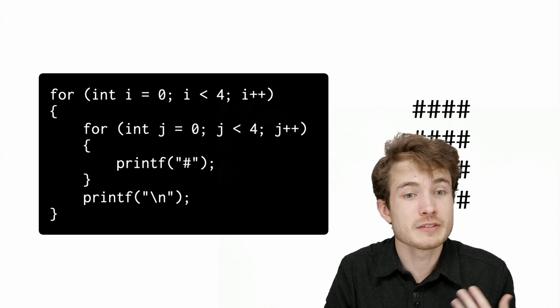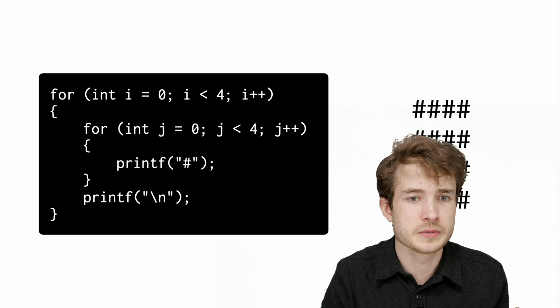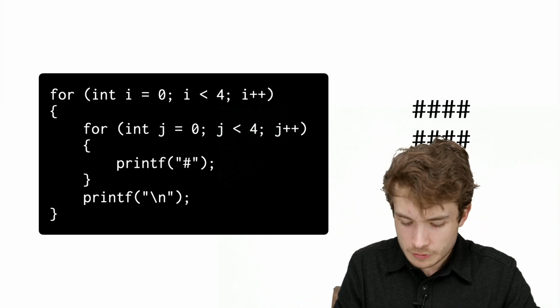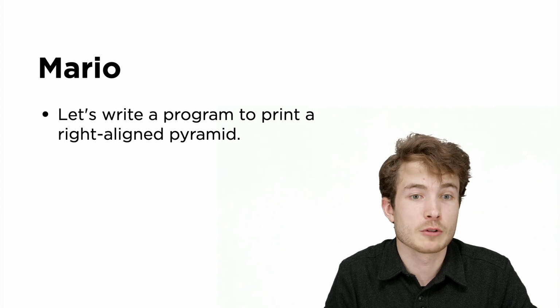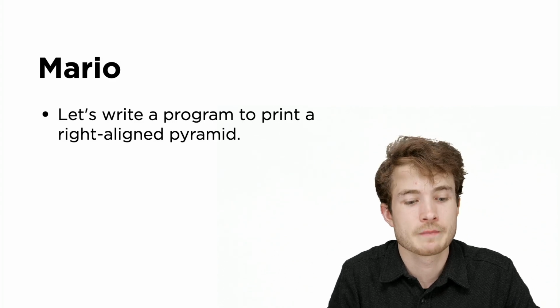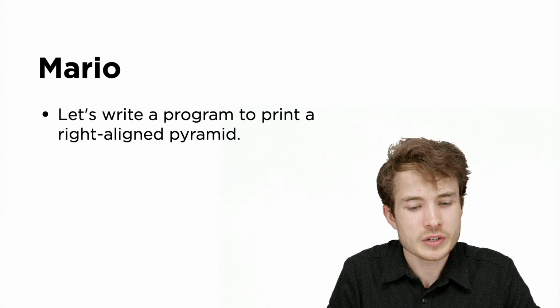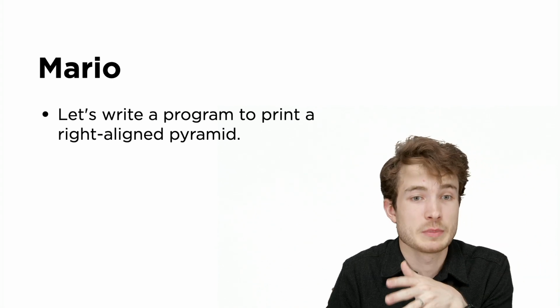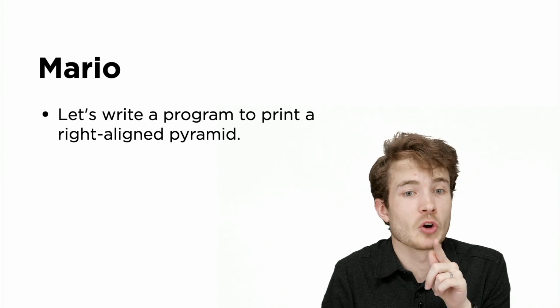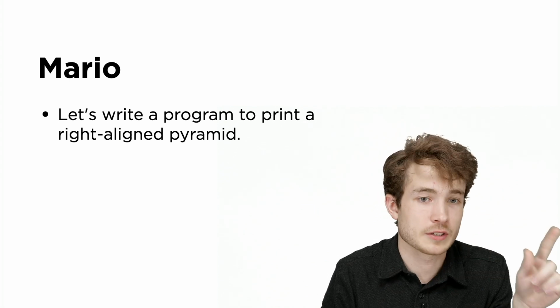Now, to help us focus even more on functions, even beyond loops in particular, let's go ahead and try to take a first step towards writing that Mario problem that we see in this week's problem set. In the problem set, you're asked to write a right-aligned pyramid. In this case, though, we'll write a left-aligned pyramid.